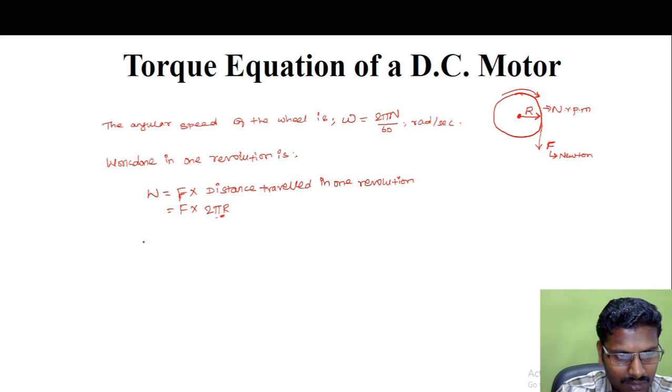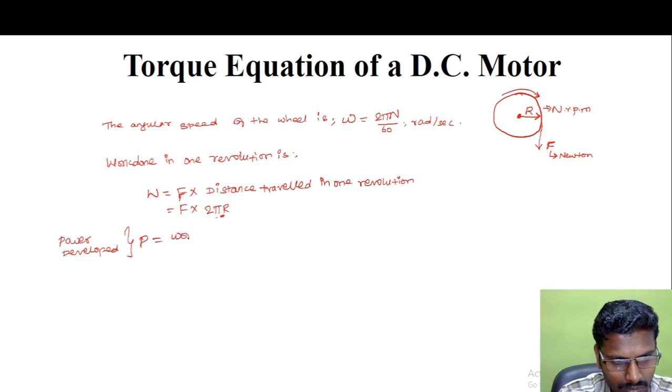From this, the power developed P in the wheel is equal to work done divided by time. Now it can be replaced with the help of work done.